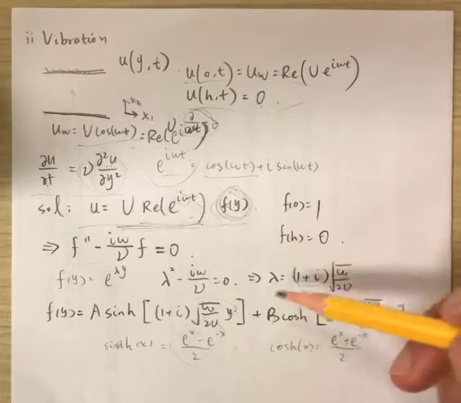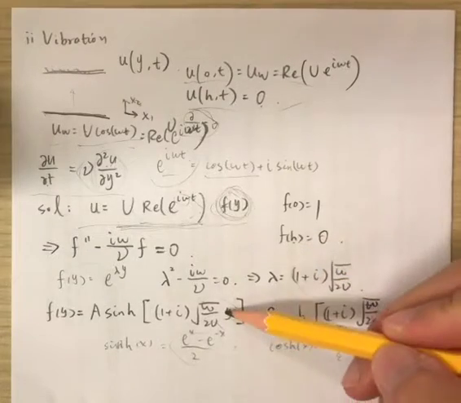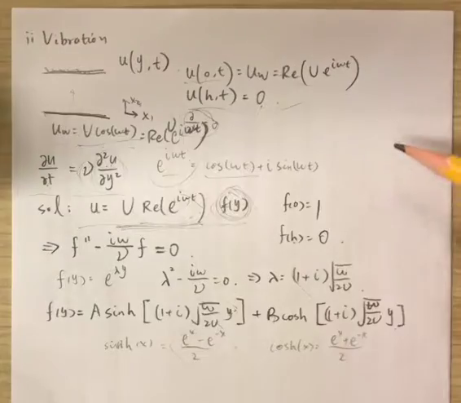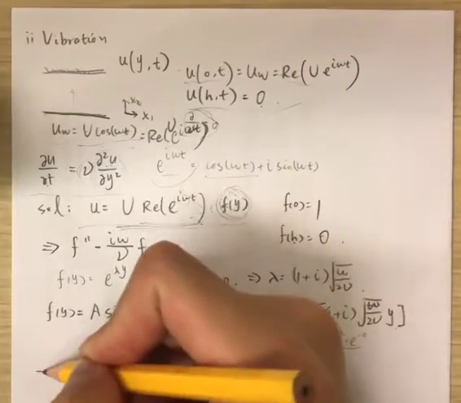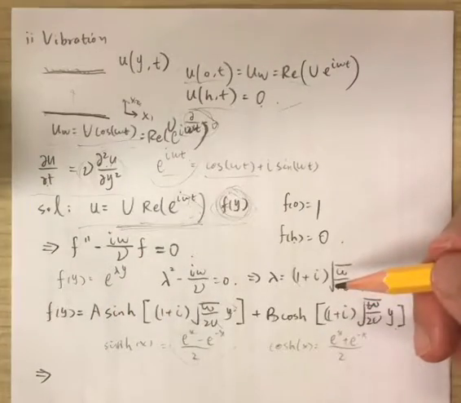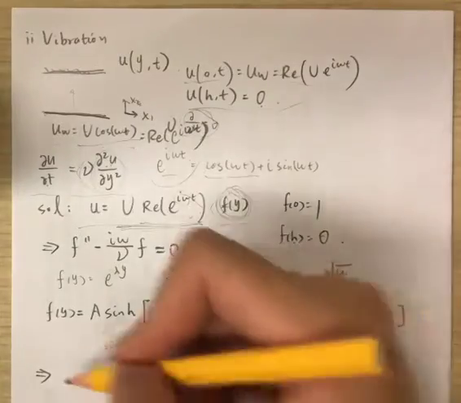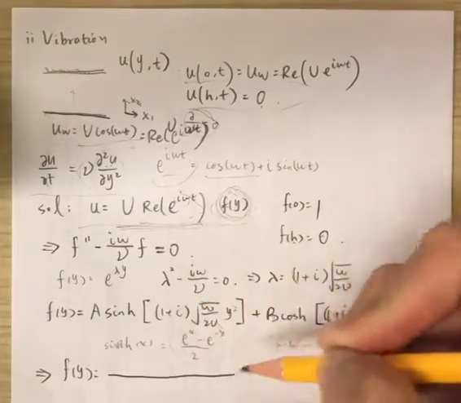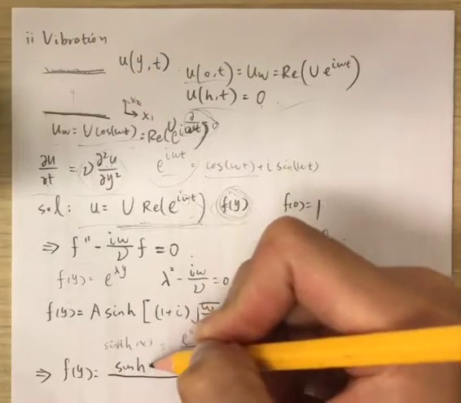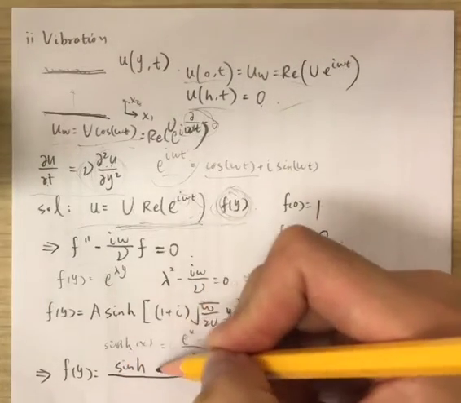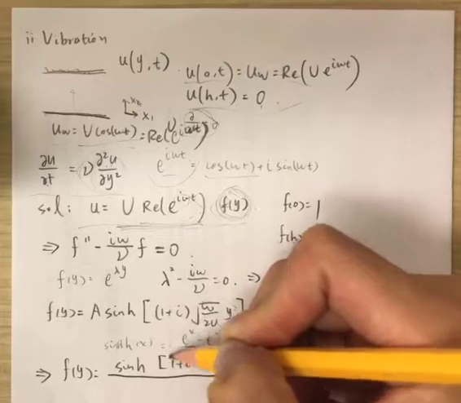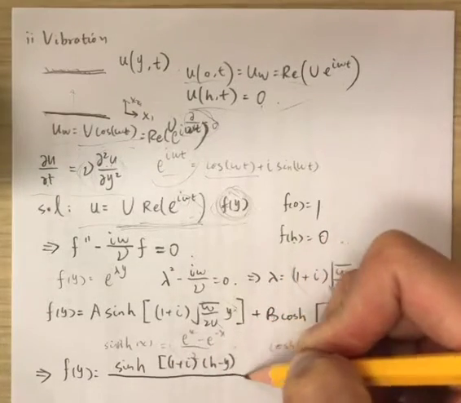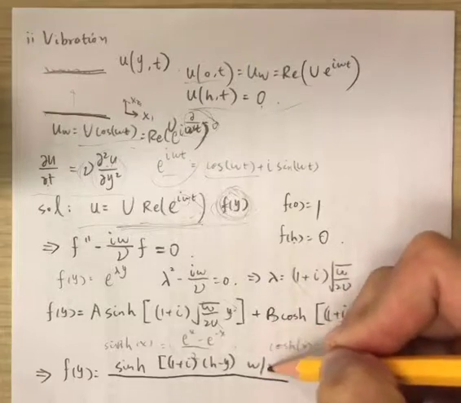And then when we plug in y equals h, we can get the value of a. Anyway, I will save the process and just give you the final result. The final result will be something like this: f(y) equals sinh of (1 plus i) times (h minus y) times the square root of omega over 2 nu.